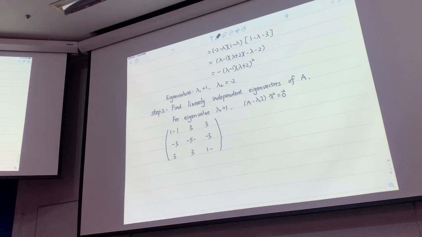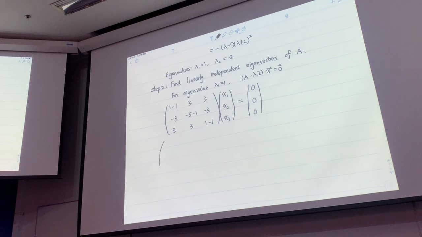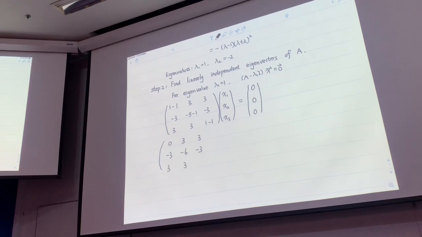So here is minus 1, minus 1, minus 1. So now we get 0, 3, 3, negative 3, negative 6, negative 3, 3, 3, 0.